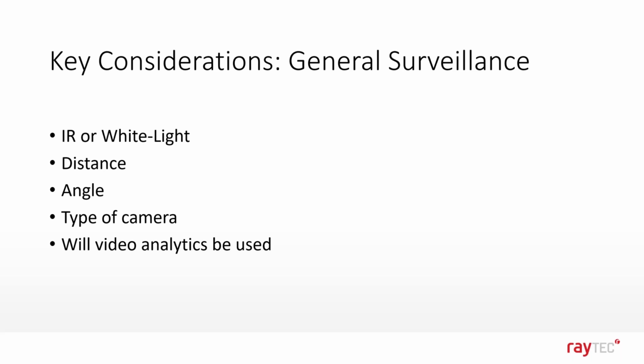Is it wide angle? And the type of camera: fixed camera, PTZ camera, multi-sensor camera, that kind of thing. Another question we would ask and consider: are you going to use video analytics for your project? Because typically when you're using that kind of intelligence, you would need more light on scene than you would for, say, a general standard CCTV application.